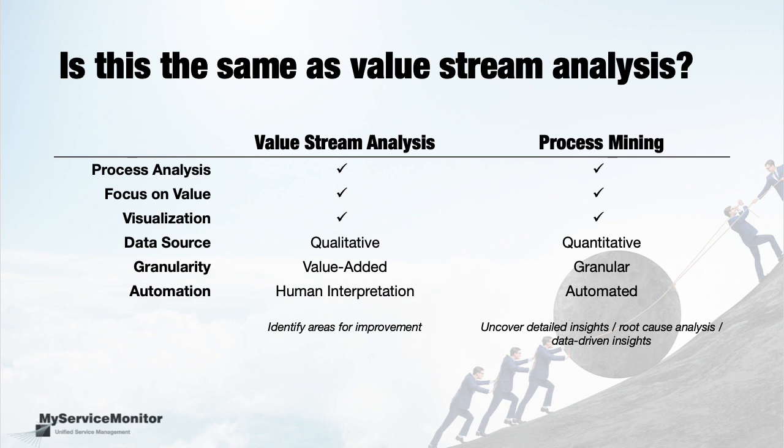And finally, process mining is often automated or semi automated, using algorithms to analyze large volumes of event data and uncover insights efficiently. Value stream mapping, while it may involve some tools for visualization, is typically more manual and relies on human interpretation and facilitation.